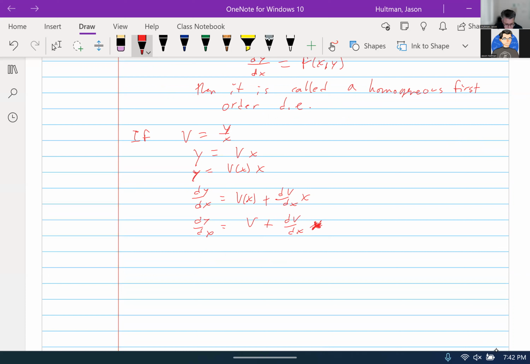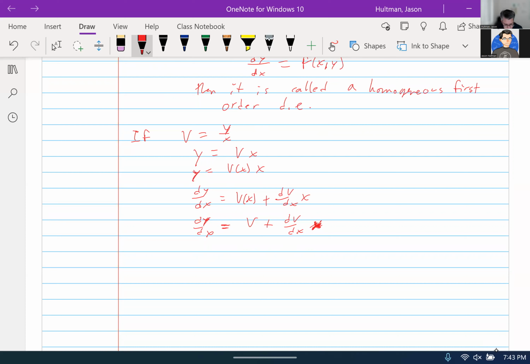So we have this equality here. We let v equal y over x, and if y over x is my sole variable in the whole thing, then I know it's a homogeneous first order differential equation if dy dx equals this thing.